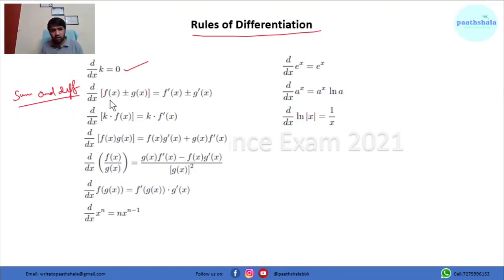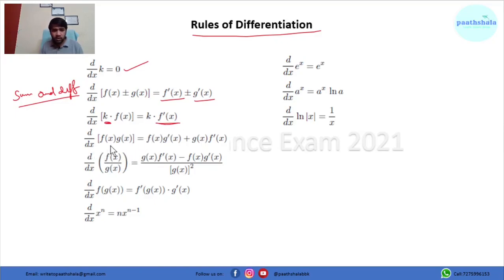For differentiation of sum and difference of two functions, we simply calculate the differentiation of the first function, followed by the second function's differentiation. If a function is multiplied with any constant, we're not going to differentiate the constant term, we'll simply differentiate the function only.